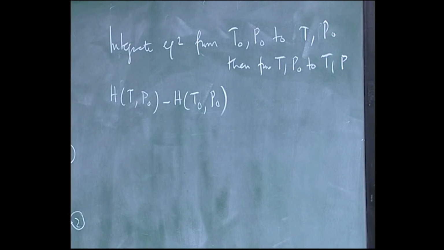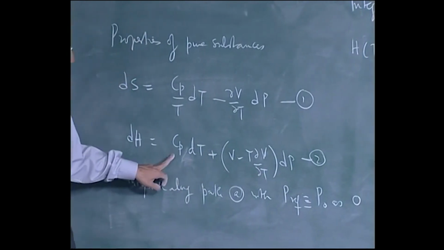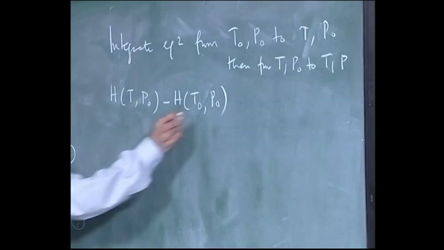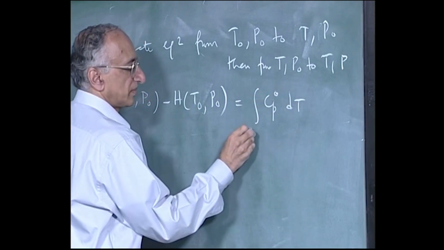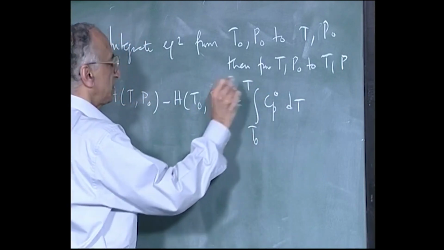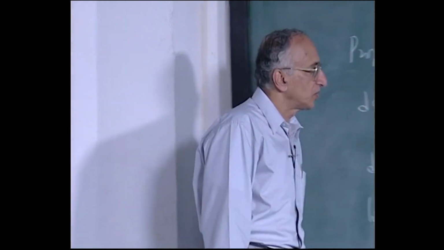So if I am integrating this equation at constant P0, P equal to P0, this term will vanish. This is simply the integral of Cp0 dT from T0 to T, at constant P0, correct. Cp0 is not a constant, it is a function of temperature, but that is assumed to be known.